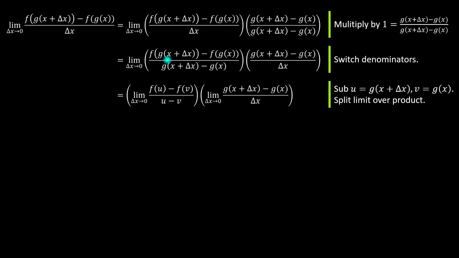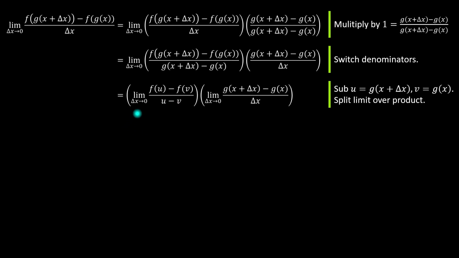So I had f of g of x plus delta x; g of x plus delta x I'm calling u, so I replaced it, so I have f of u, right? Same over here, g of x I replaced with v, so I have f of v. Similarly in the bottom, I have u minus v.